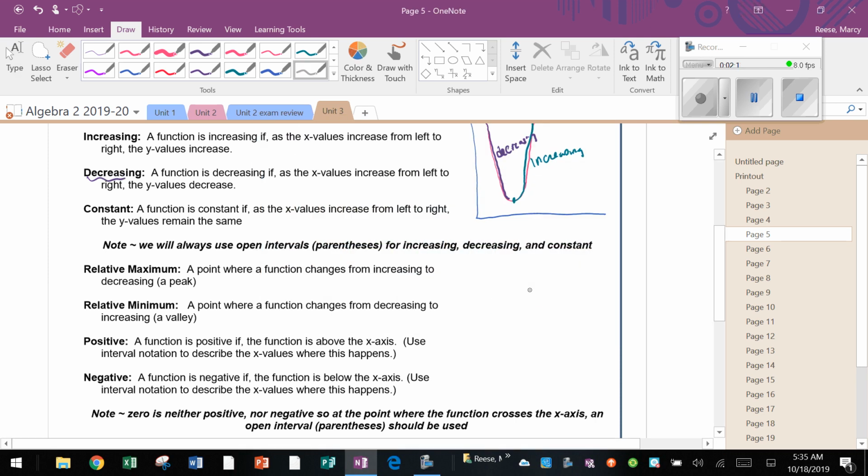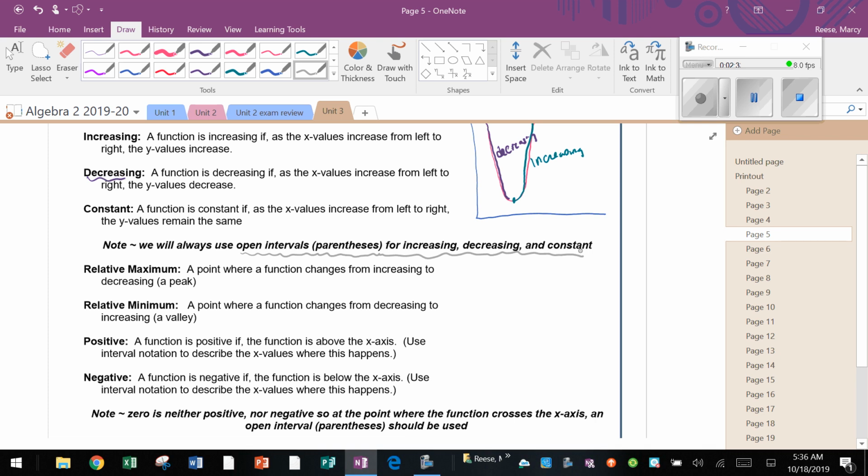We're going to describe it in terms of intervals, like interval notation. So you're always going to use open intervals, parentheses, for increasing, decreasing, and constant. We're going to do one below, so you'll see what I mean. Okay.